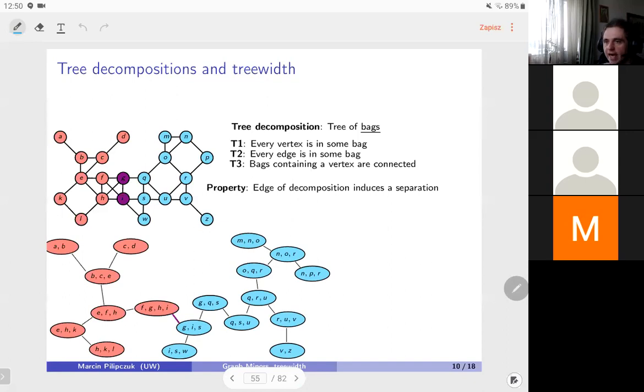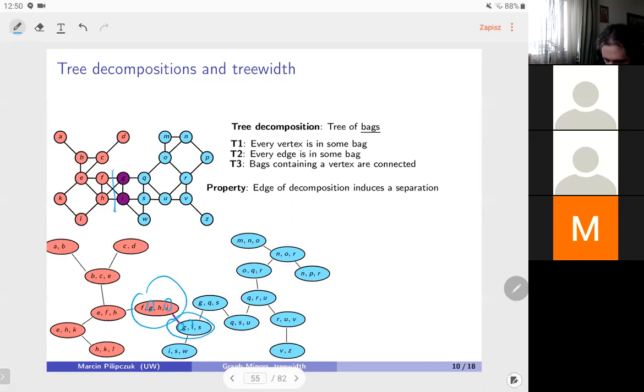Let's look at an edge of the tree decomposition. Let's take as an example these 2 bags here, and let's look at the intersection of these 2 bags. This is sometimes called the adhesion of this edge. The intersection of these 2 bags is these 2 vertices here.